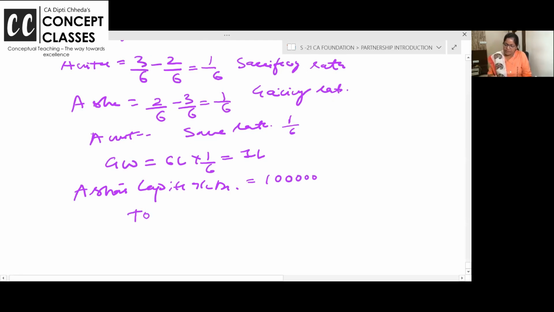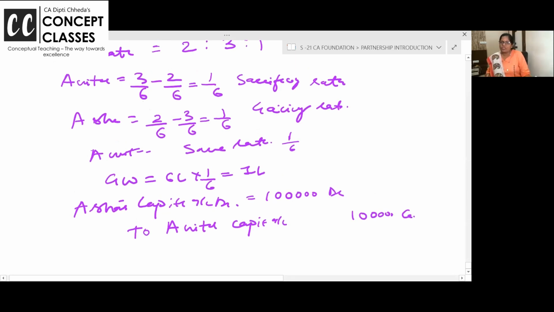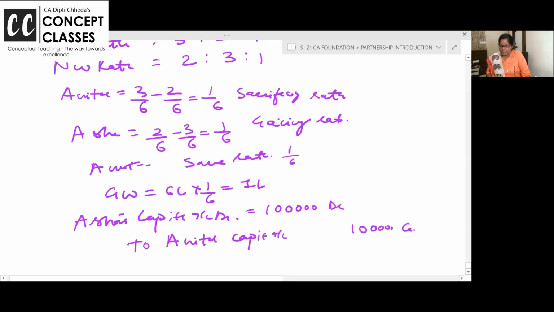Sacrificing partner, first 3/6 up 2/6. So she will take Anita's capital account. Debit and credit. I'll tell you the logic. Aap likh lo. Some of you must be writing now. So you write with me. I'll tell you.